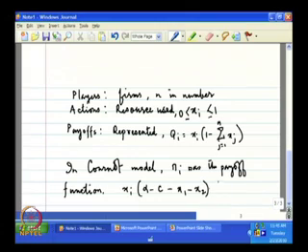So, this is the profit function of firm i.